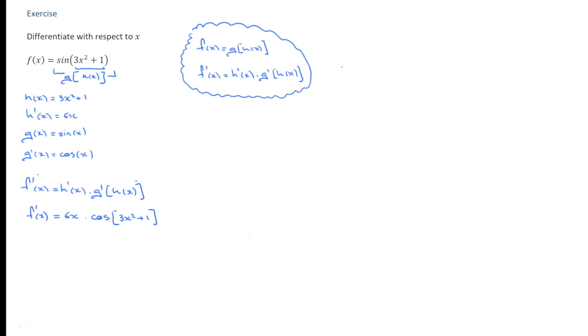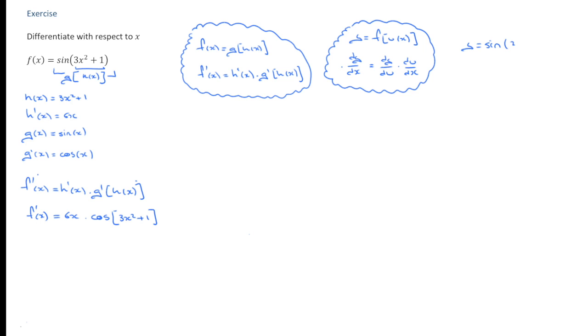Now, the second way we saw to write the chain rule was as follows. If y is equal to some function of u, so I'll just write f of u of x, then the derivative dy dx equals dy du times du dx. And in fact, that's probably the most popular way of writing the chain rule. So knowing it really is quite important. So, going back to our function, we have y equals sine of 3x squared plus 1.